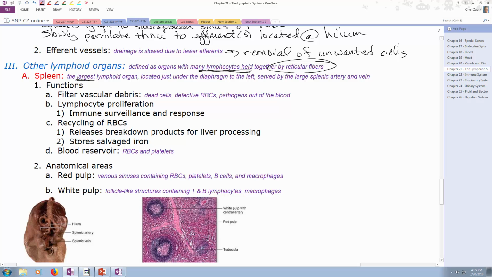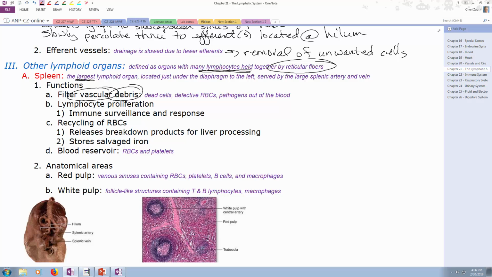The spleen is going to be a filter for vascular debris because lymph is coming from interstitial spaces, correct? Now we have possibility of infection in our bloodstream, correct? Do we want to kind of filter that stuff out? And so that's what the spleen is for. The spleen is a direct connection to our bloodstream to take out the things that are in our blood that shouldn't be there.